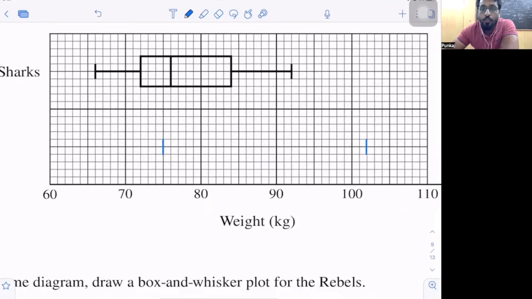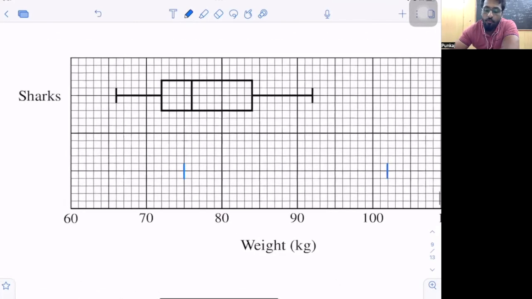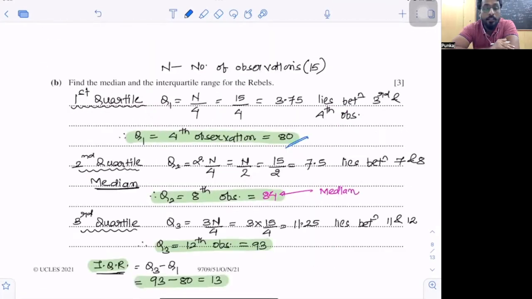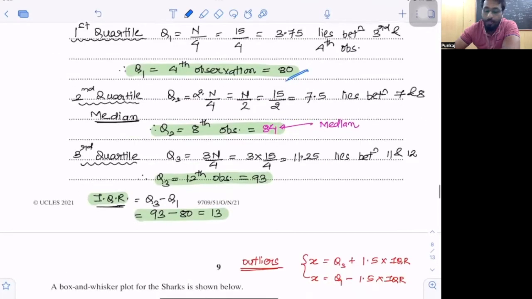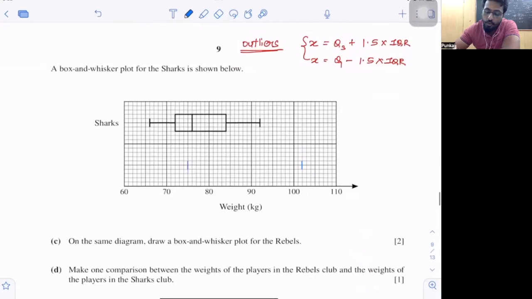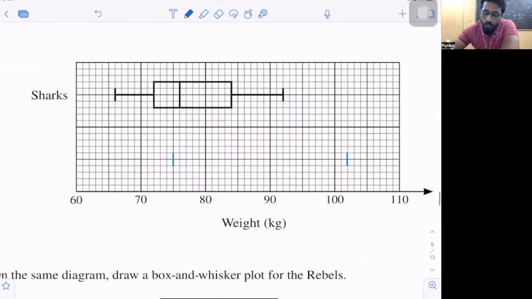This is 102. Then what's Q1? You have got the value of Q1, isn't it? Q1 is 80 and Q3 is 93. So 80 and 93 are the next values. So 80 is over here. This is 80, right? And then you have 93.